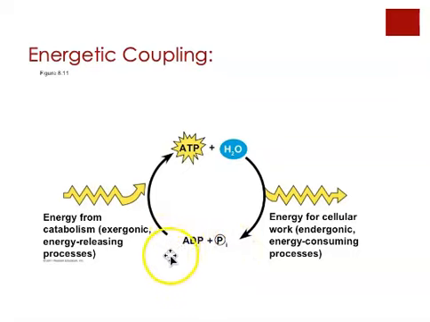We can take ADP, adenosine diphosphate, and an inorganic phosphate, or a phosphate group, and we can put them together with a little bit of energy, and we can create ATP. Now, a little bit of water is also created during this reaction, but don't worry about that.